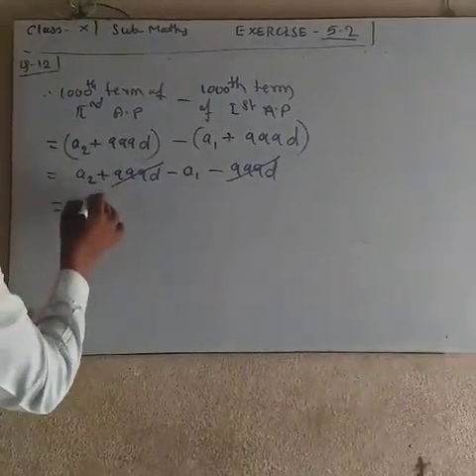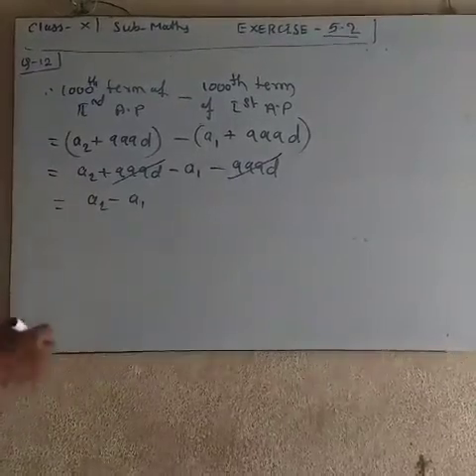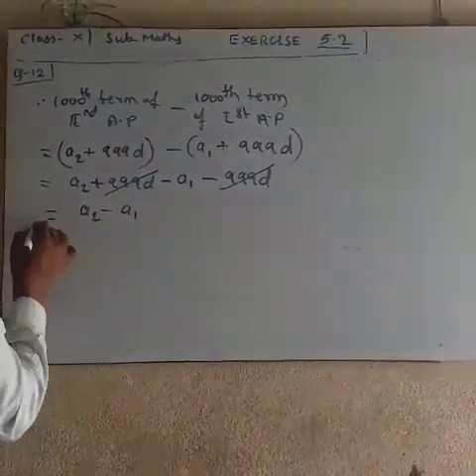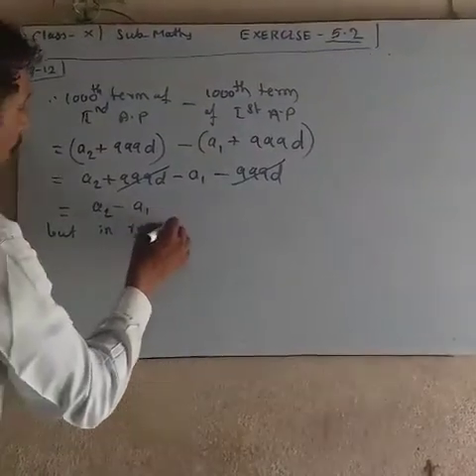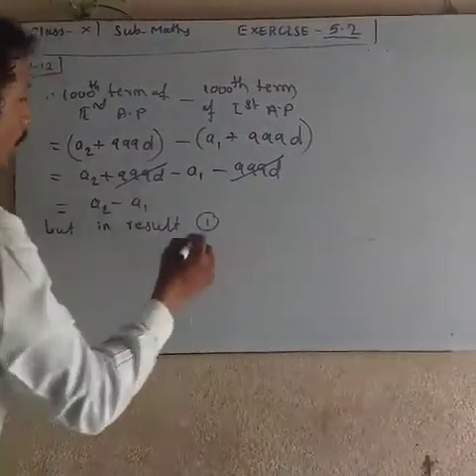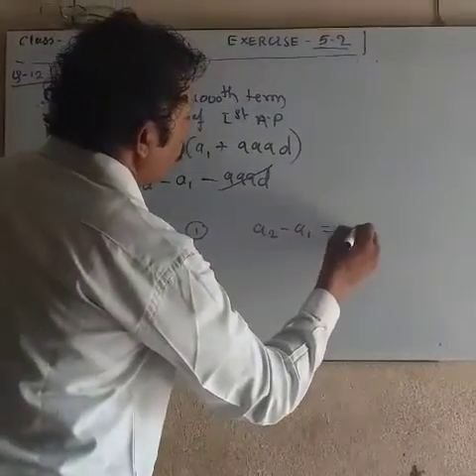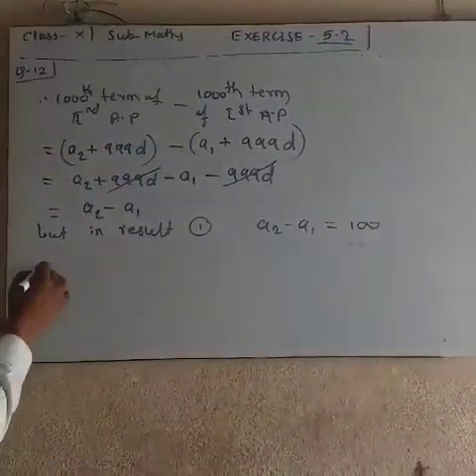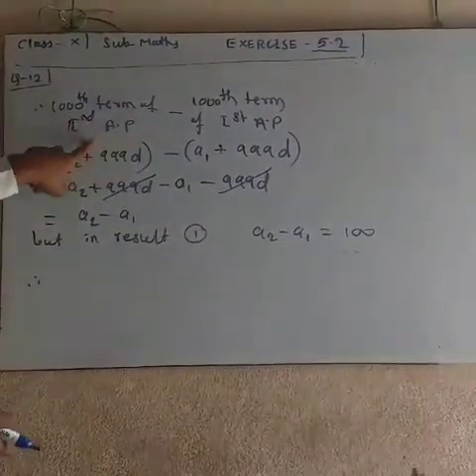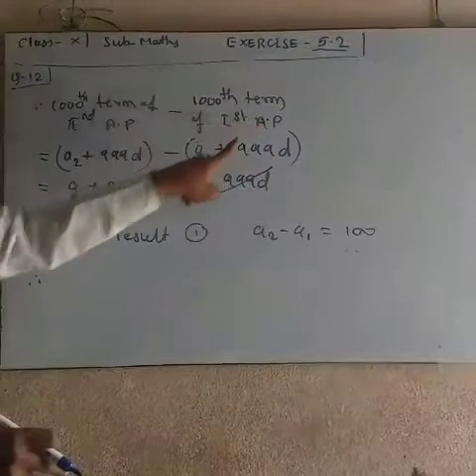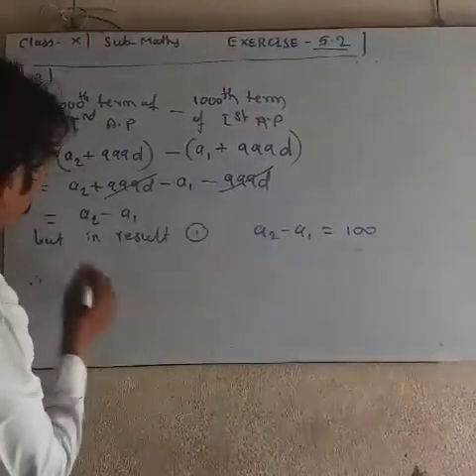That is equal to A2 minus A1. But in result 1, A2 minus A1 is equal to 100. Therefore, the 1000th term of second AP minus the 1000th term of first AP is equal to A2 minus A1, that is equal to 100.